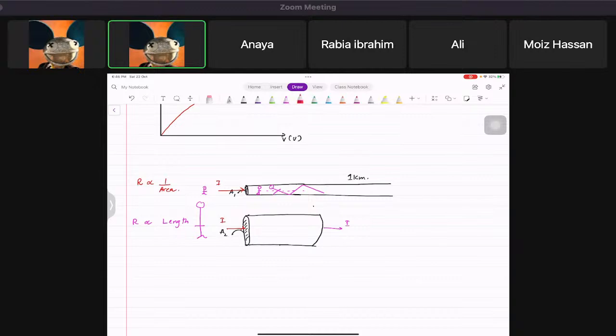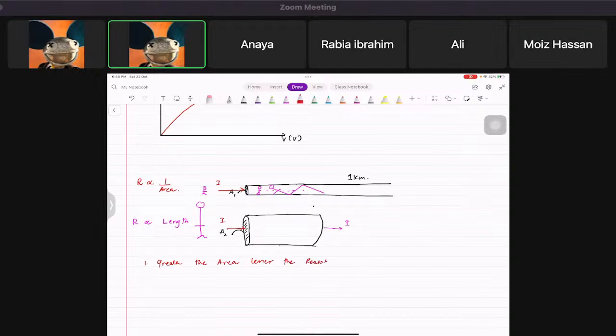So number one, greater the area, lesser the resistance.